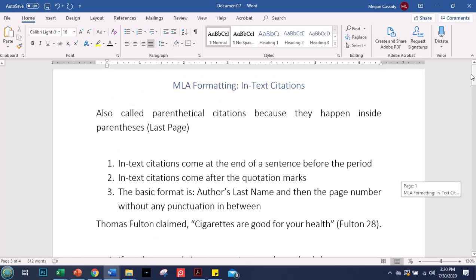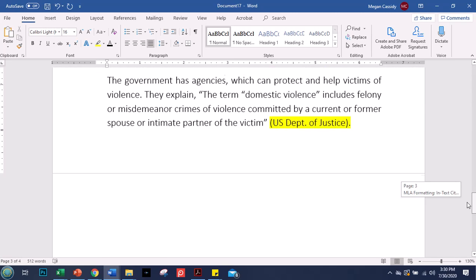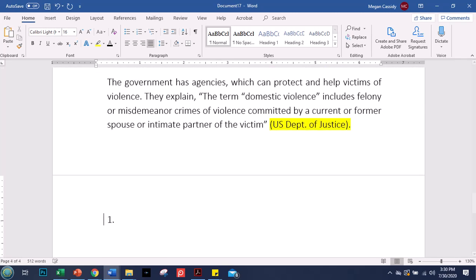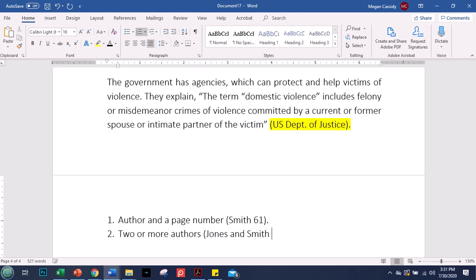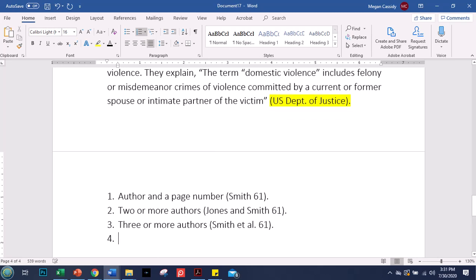So we have talked about all of the different ways to cite. I'm going to run through them again. If you have one author and a page number, it looks like this: Smith, 61. If you have 2 authors, it would look like this: Jones and Smith, 61. If you have 3 or more authors, it looks like this: Smith et al., 61.